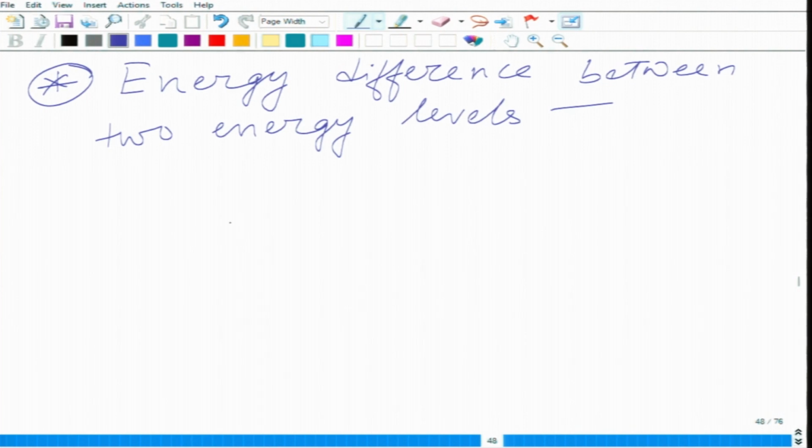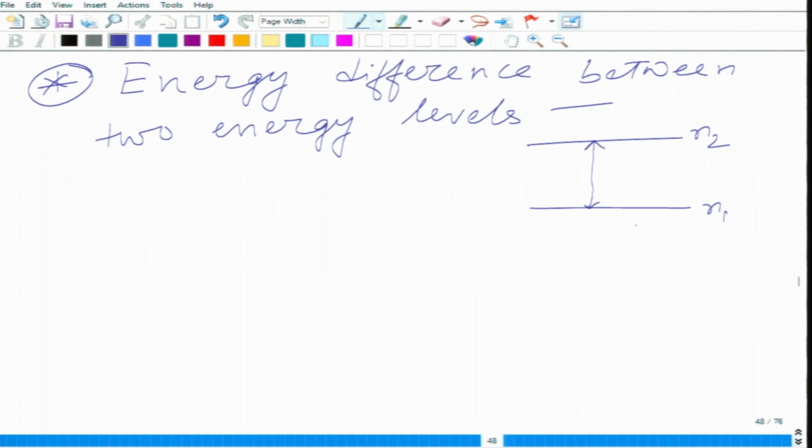Let's say these are the two energy levels. One is n1 and another is n2. So, this is the difference of energy.